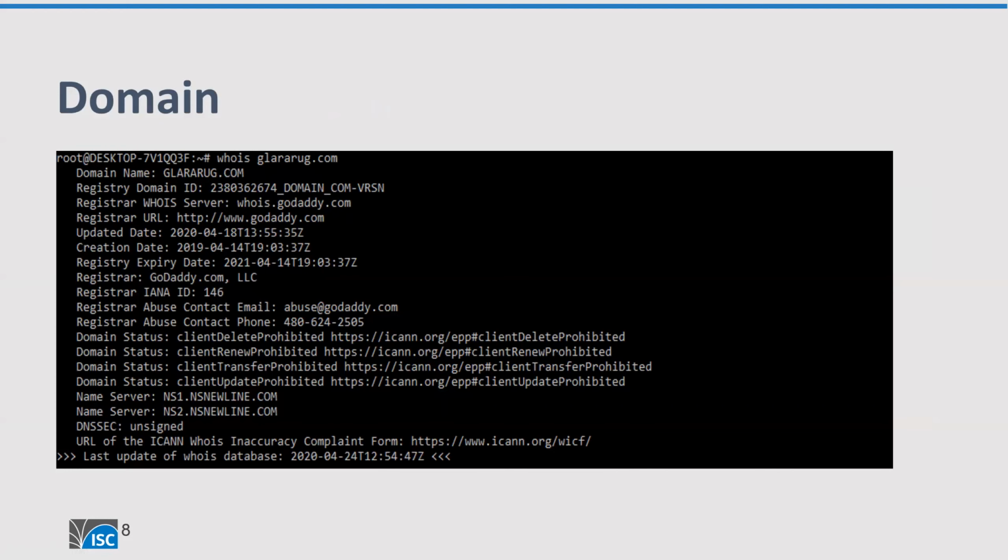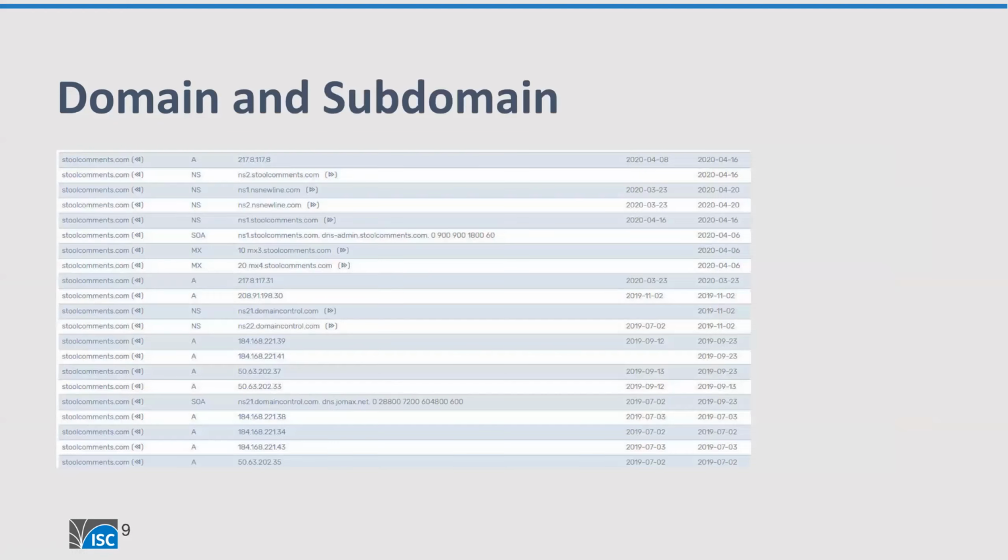So next thing that we're going to look at here is somebody getting both the domain and the subdomain compromised. I know that there's a lot of stuff on here, but just a few things I wanted to point out. You see the domain control being in there that is pointing to GoDaddy.